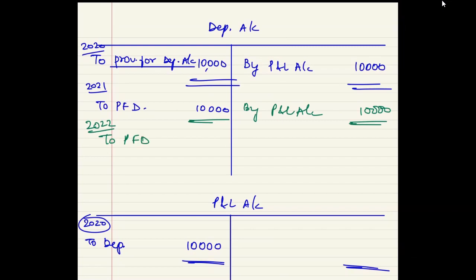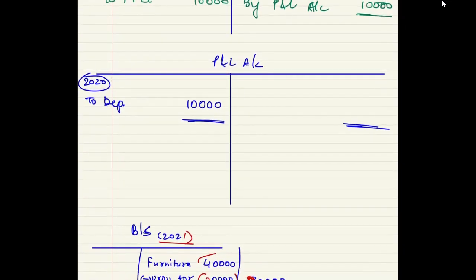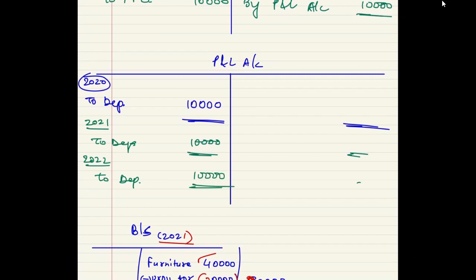To provision for depreciation account 10,000 rupees, by P&L account 10,000 rupees, and it is closed. Here also in 2021, to depreciation 10,000 closed, and in 2022 in your P&L account again to depreciation 10,000 closed.